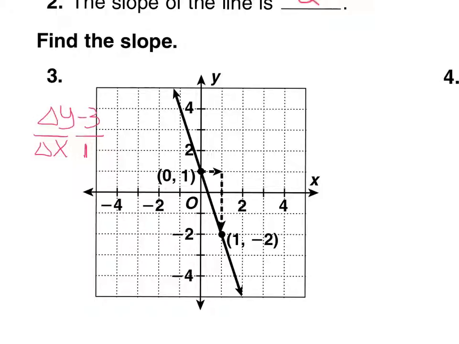So if I were going to do this problem, I might start at point (0, 1), right there, and I would go down first, -3, because that helps me remember that that's the first number of my fraction. So I go down 3 and then to the right 1. Does it make a difference in your answer? No. But if you get in the habit of doing it that way, it's less likely that you're going to get your numbers in the wrong place. So I get in the habit of going up or down first and then back and forth.